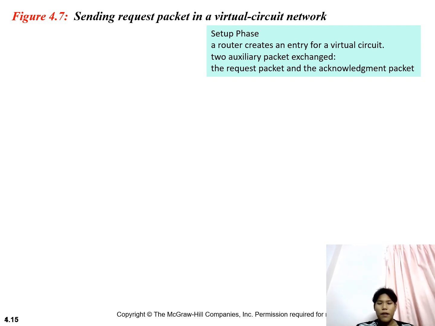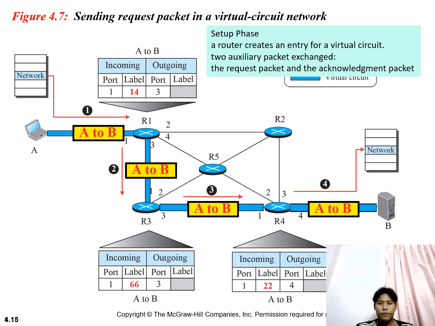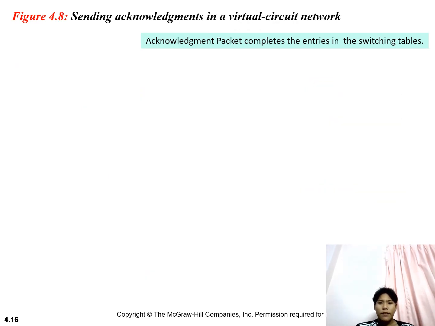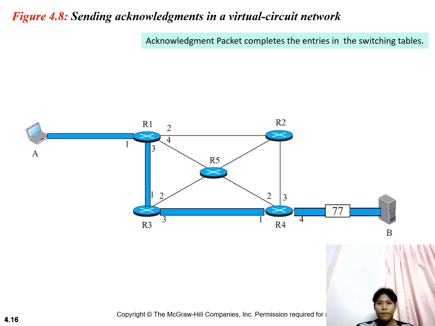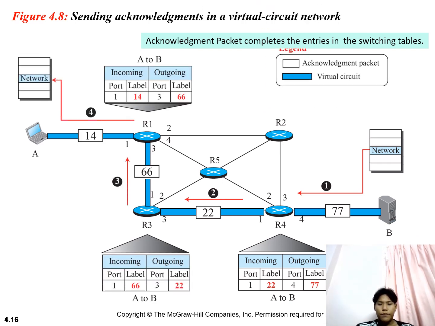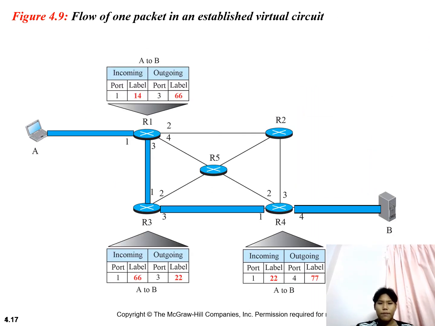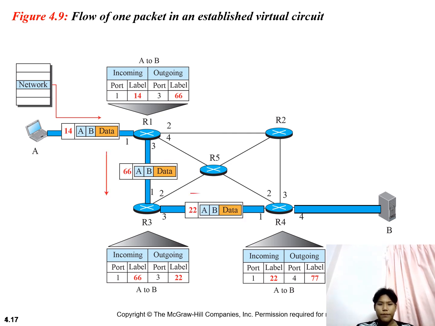Setup phase: a router creates an entry for a virtual circuit after auxiliary packet exchange, the request packet and the acknowledgement packet. Sending an acknowledgement in a virtual circuit network. The acknowledgement packet completes the entries in the switching tables. Flow of one packet in an established virtual circuit, like this.